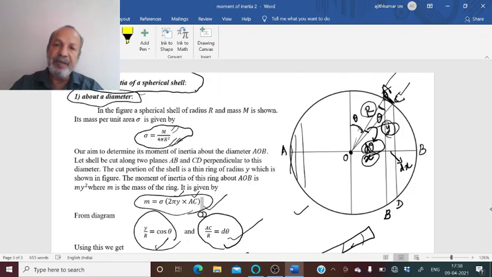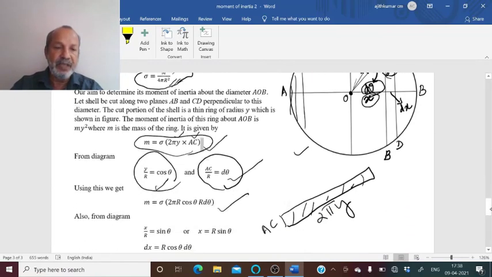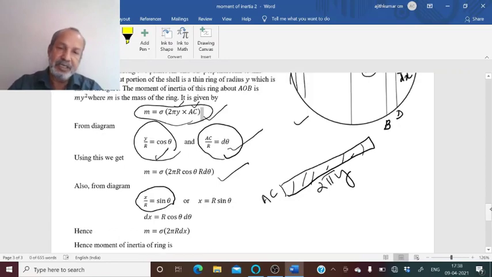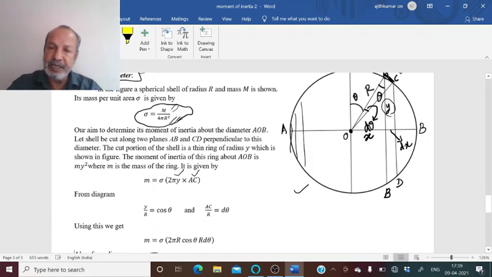Now we will eliminate theta and write everything in terms of x and then integrate. For that, we notice that x by r is opposite side by hypotenuse, that is sin theta. You look at this diagram, this x is opposite side of this theta.